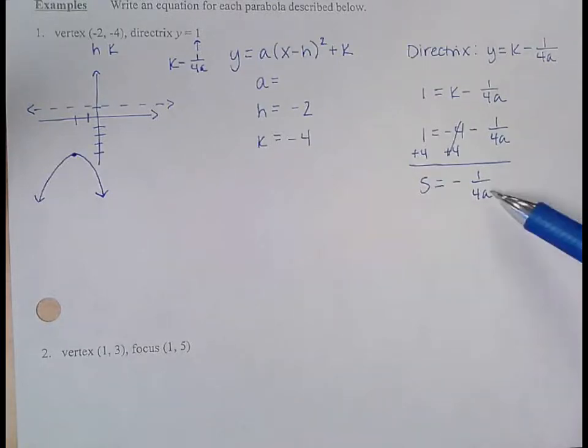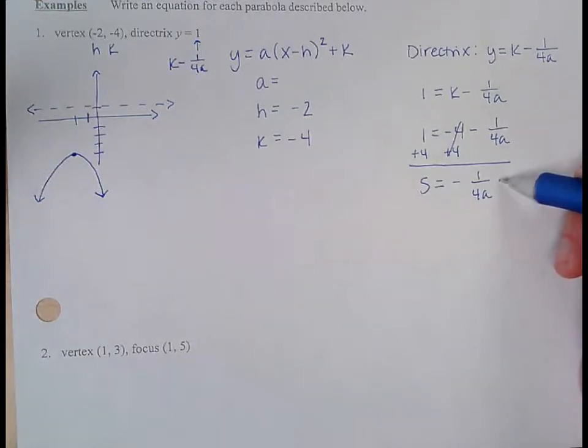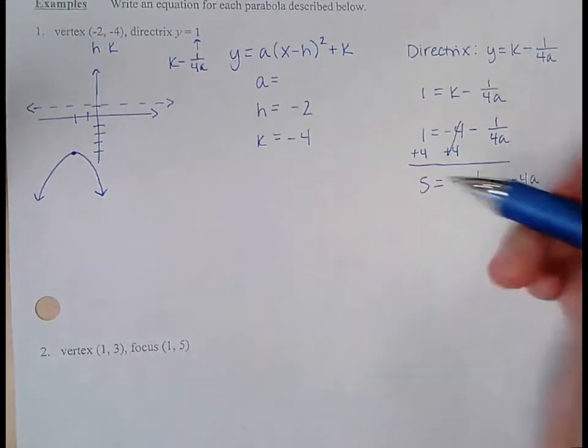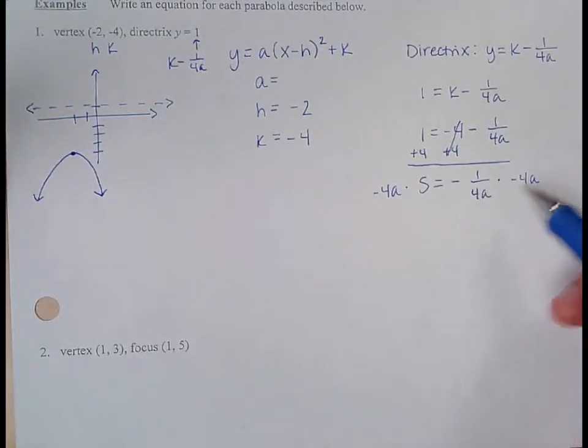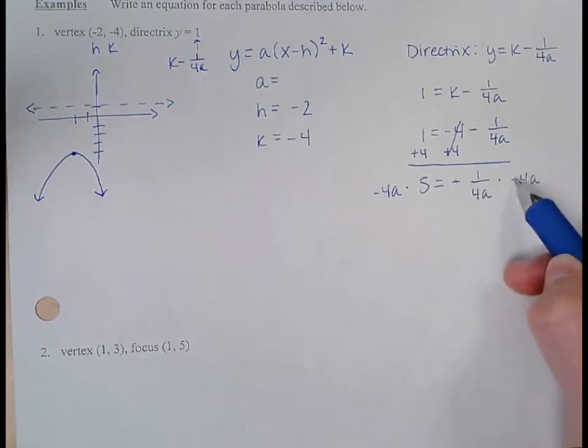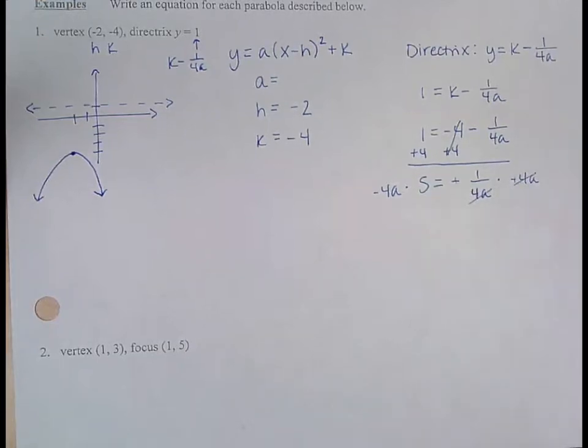Yes, but I would add in there, if I just multiply by negative 4, a is still going to be in the denominator. So I'm actually going to multiply by negative 4a to get the a out of the denominator. Then the negative is canceled out on this side, and the 4a's are canceled out.